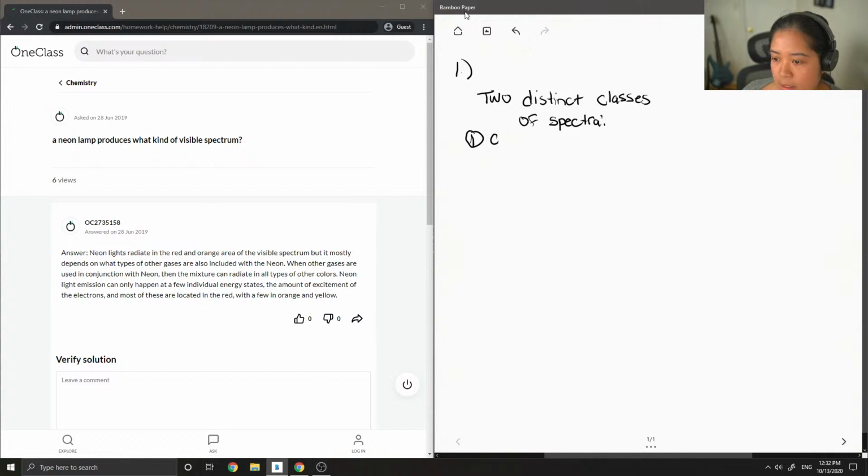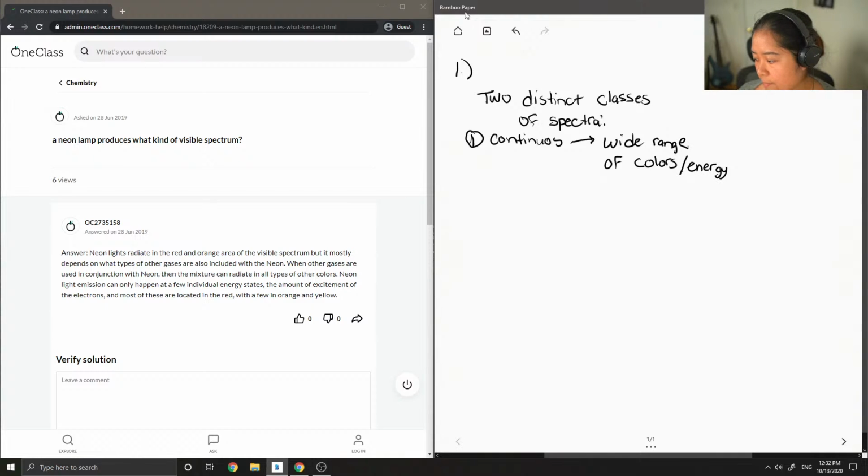The first one is continuous. With continuous spectra, you tend to see a wide range of colors/energy. And the second class of spectra is called discrete.